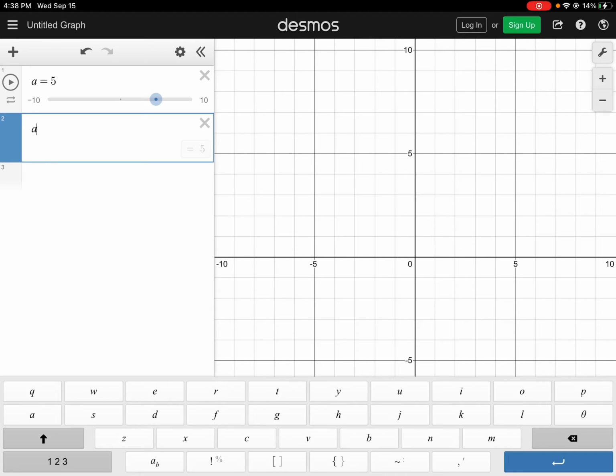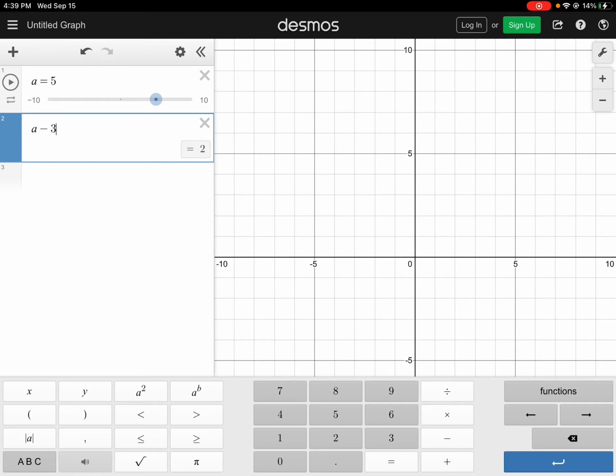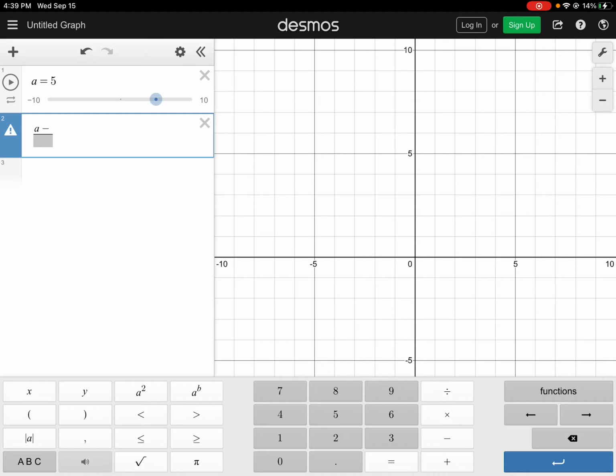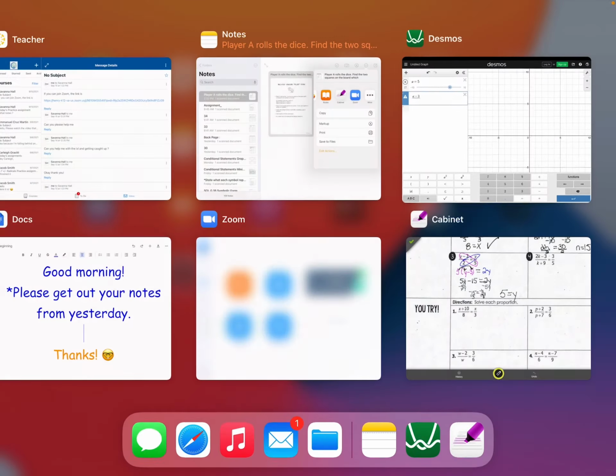Okay, so I'm going to do A minus 3. Don't do what I just did. Since we have an expression on the top, we need to hit the divide button first. Otherwise, it's not going to write it out the way we want it. So A minus 3, I think I said divide by 5.